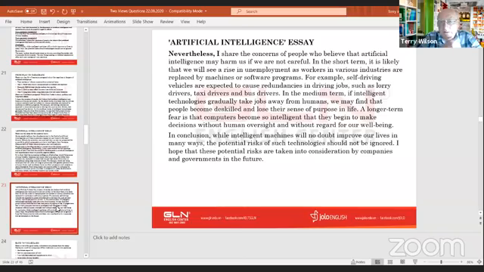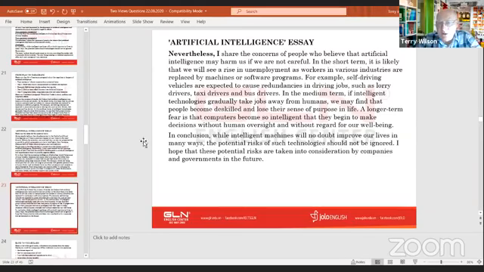Then we move to the medium term. And then why people get worried about the longer term is that computers could become so intelligent that they begin to make decisions without human oversight and without regard to our well-being.